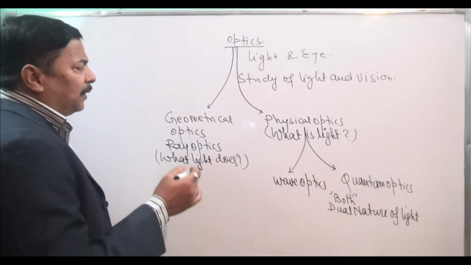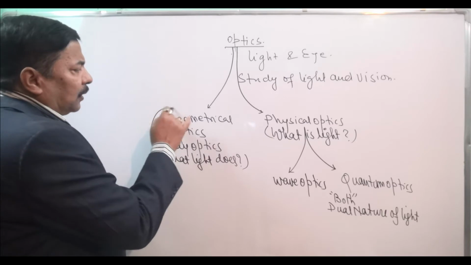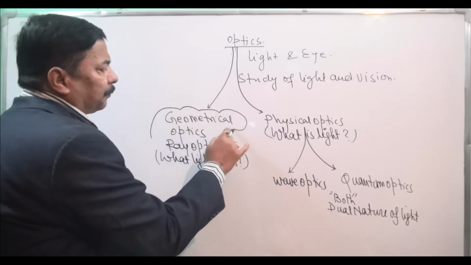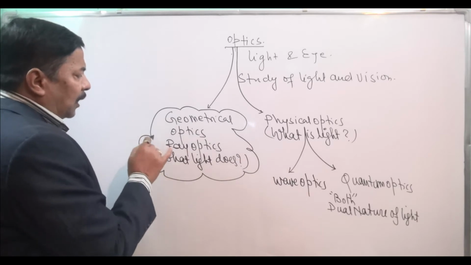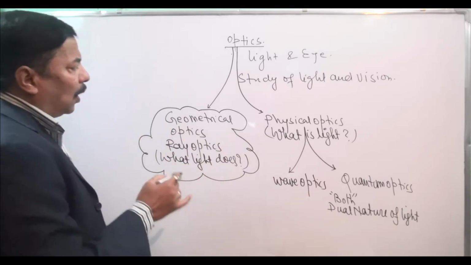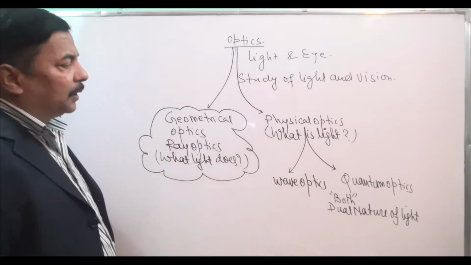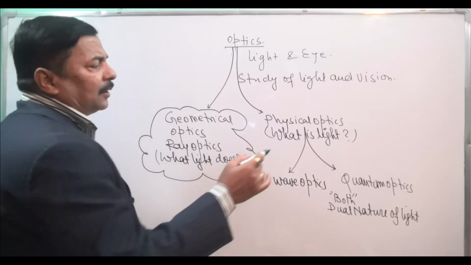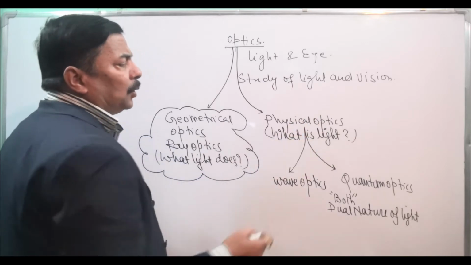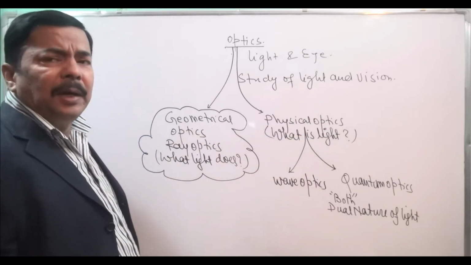So basically we will have to concentrate on this geometrical optics. This geometrical optics is very important. You can understand it in this way also, that this is basically your medical aspect.